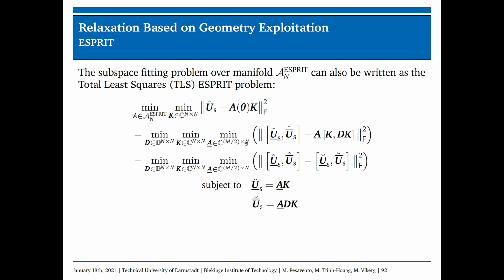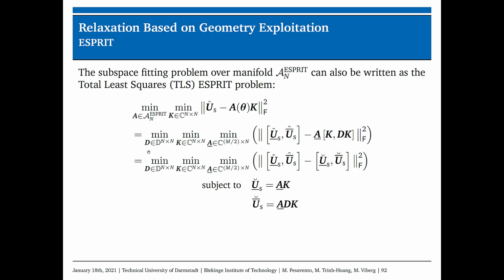Now inserting the block structure of the signal subspace matrix US hat and employing the block structure of the relaxed steering matrix, we arrive at the second line where we minimize the matching function with respect to an arbitrary complex n by 2 times n matrix A underbar, an arbitrary complex n times n matrix K, and an arbitrary diagonal matrix D.